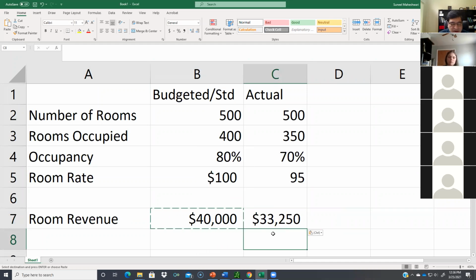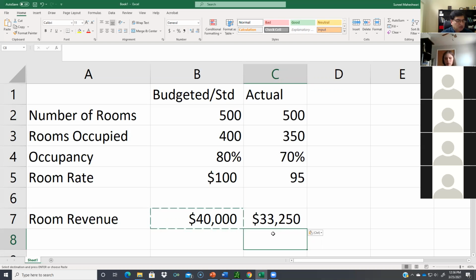Now, is this variance favorable? Variance means the difference between the actual and budgeted. Is this variance favorable or unfavorable? Unfavorable. Why? Because you made less money than you projected you would.